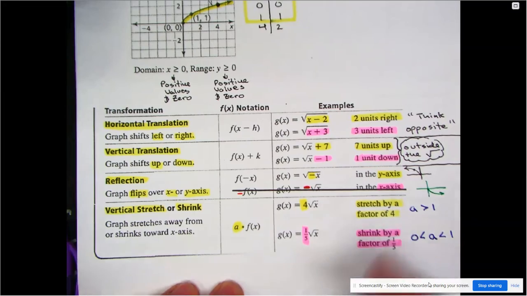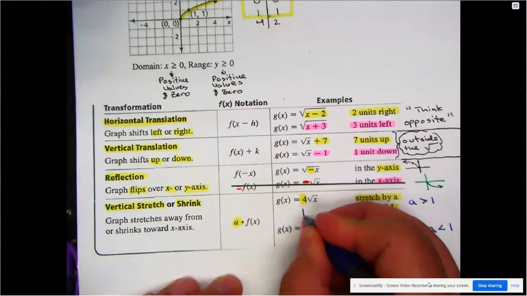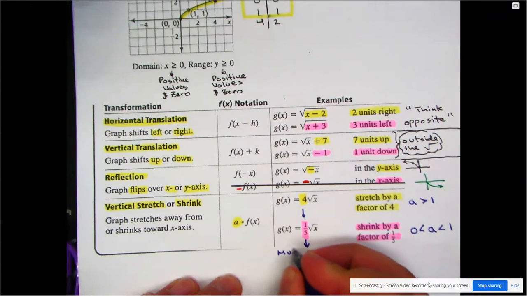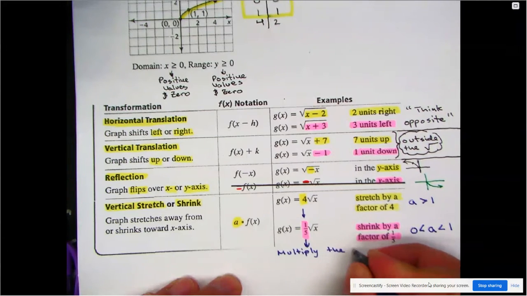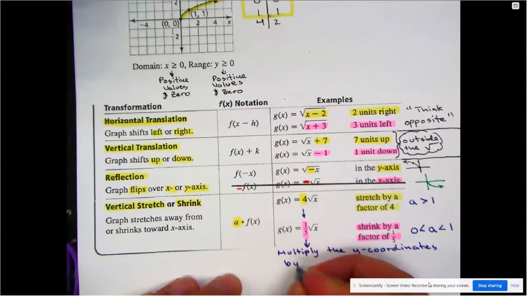But just remember, for both of these, I don't care which one, as soon as you see an a value, just like we do here, we multiply the y values or the y coordinates by the a value, whatever the a value is.